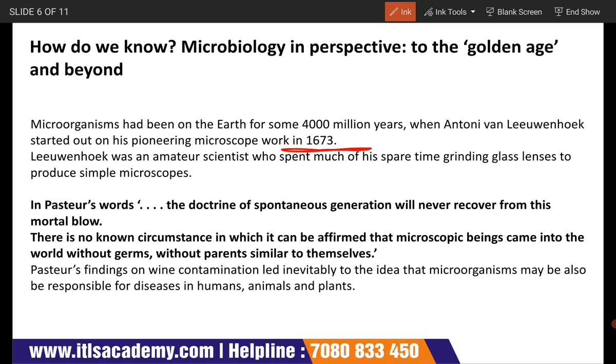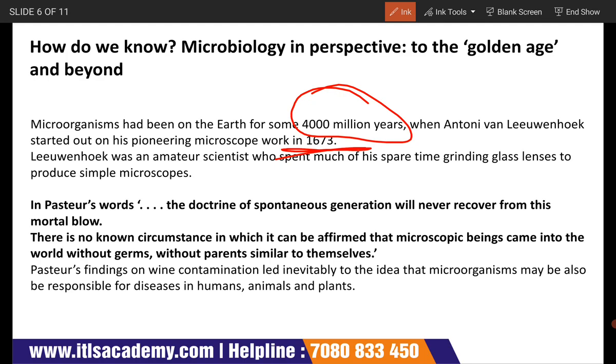So in 1673 he started his work on the microscope, and microorganisms had been on earth for about 4000 million years. But before the discovery of the microscope, nobody was aware of what microorganisms are, right? Leeuwenhoek was an amateur scientist who spent much of his spare time grinding glass lenses to produce a simple microscope.